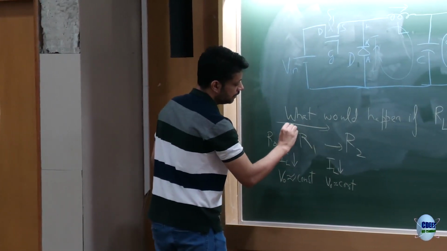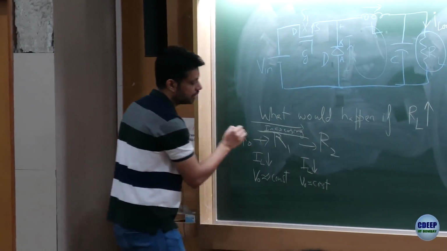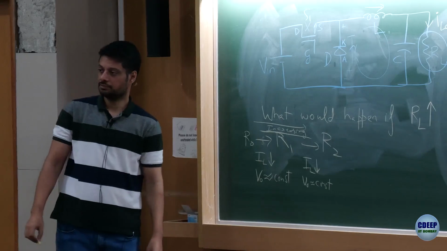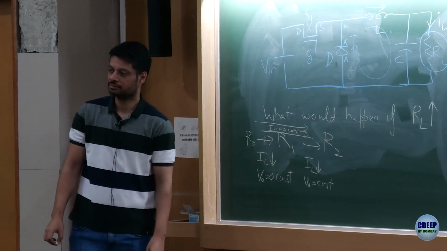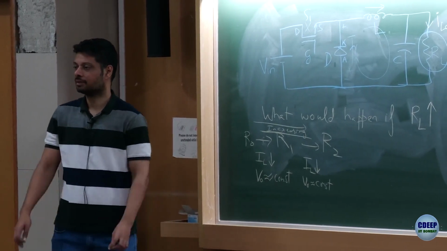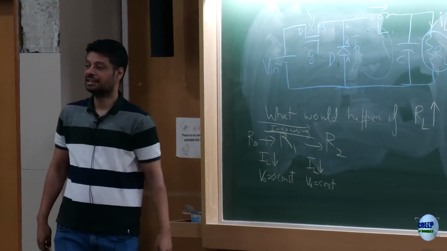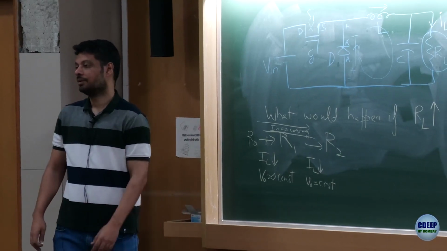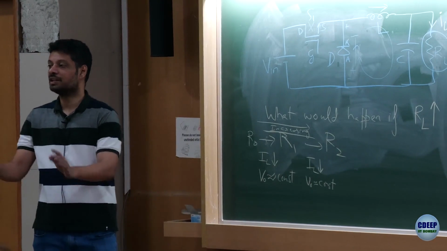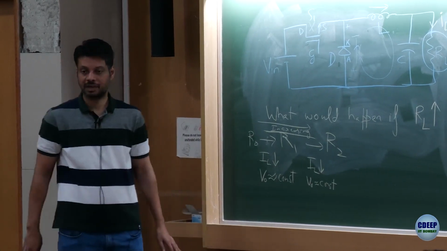Increasing the resistance or reducing the load, they are one and the same thing. When we say we reduce load, that means we reduce the load current, right? That's a general nomenclature.